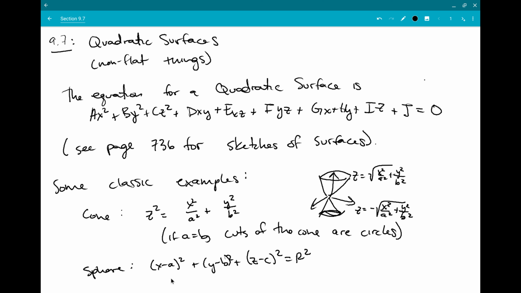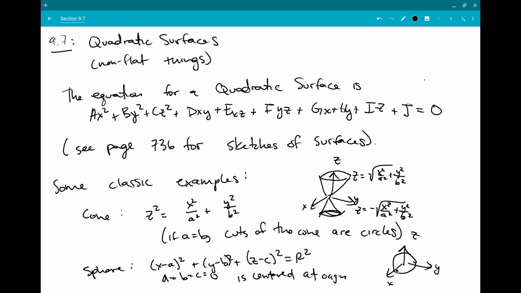And in particular, the sphere centered at the origin, a equals b equals c equals 0, is centered at origin. And spheres are just big circle things. We should have labeled this, I guess, x, y, and z.